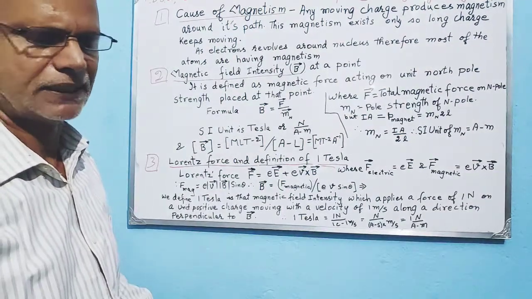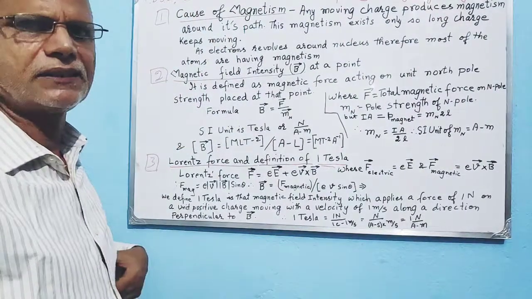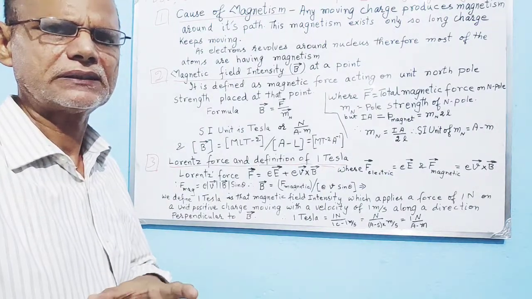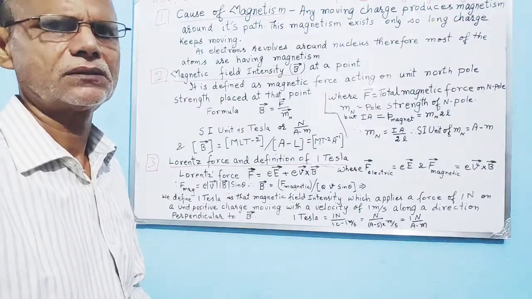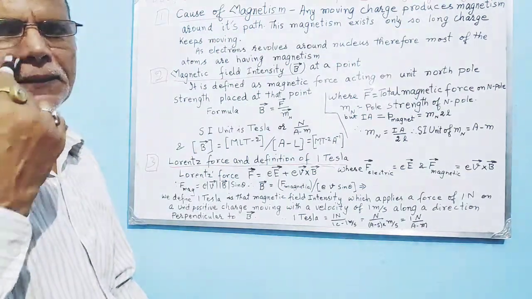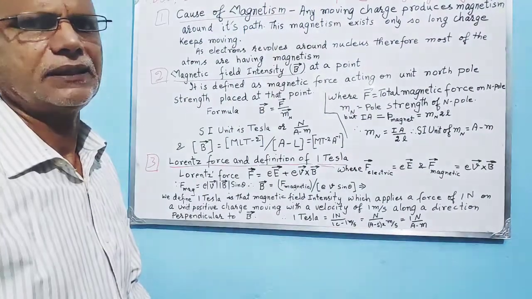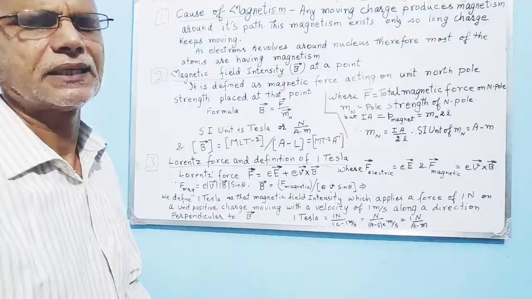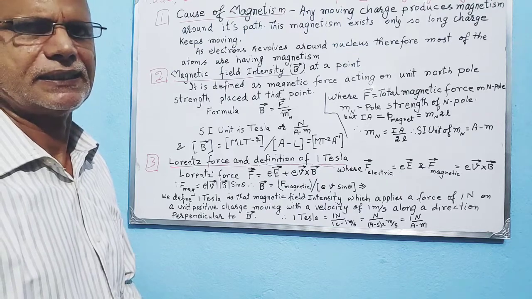That is magnetism, and that is the source region, and hence most of the atoms are magnetic in nature, because the electrons are revolving around the nucleus of each atom, and that produces magnetism around its path, and therefore the atoms are in general magnetic in nature.